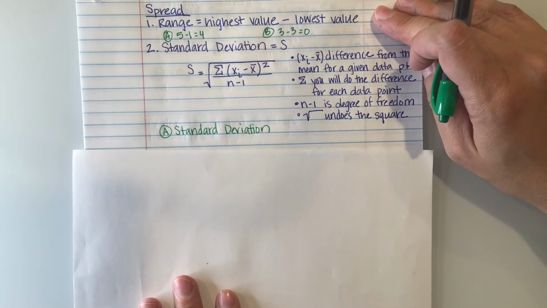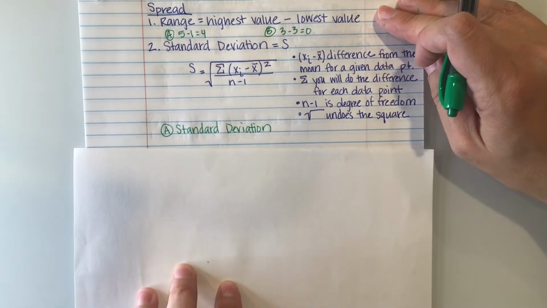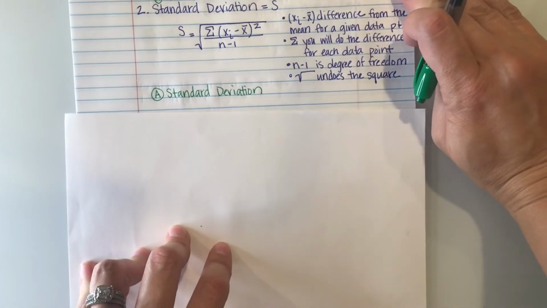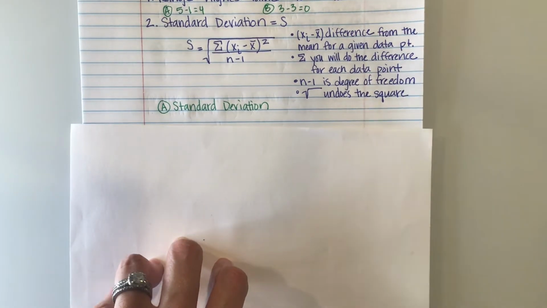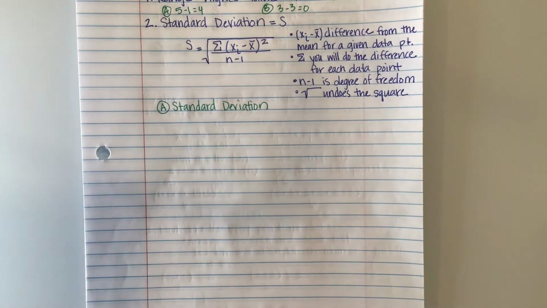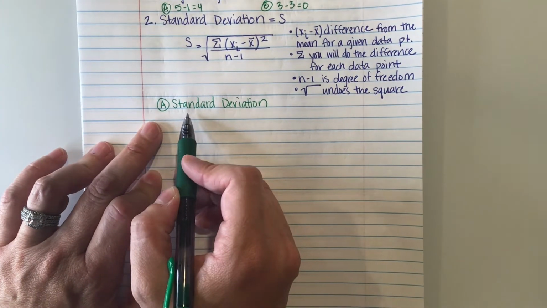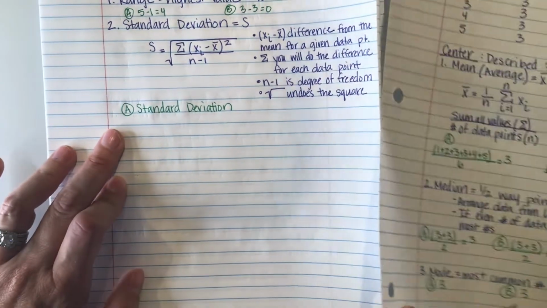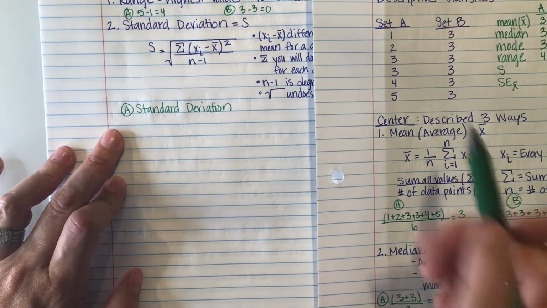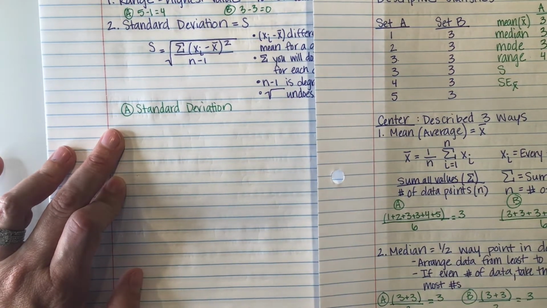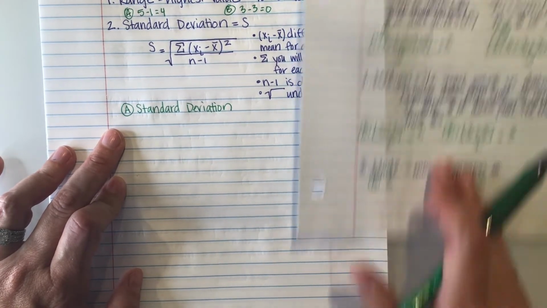So let's go ahead and complete the standard deviation for the two data sets that we have. We have our data set A and data set B, correct? So let's look at standard deviation for set A. I can't really get them on the page very well, but we're still using our same set of data, so you can go back and reference it a little bit.